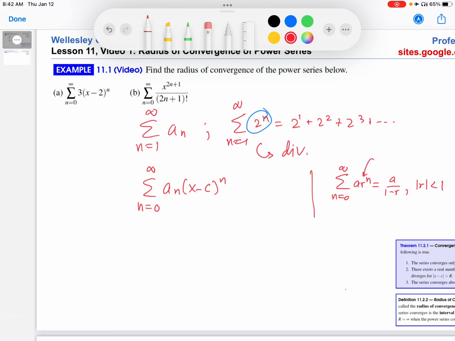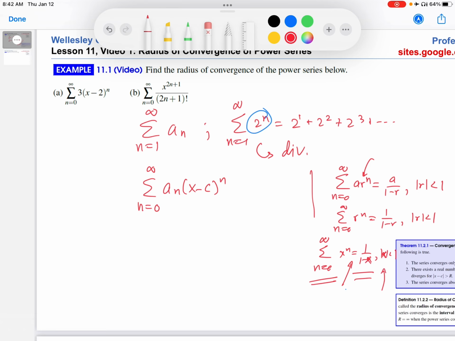And then we just set a equal to 1, and we literally switched the letters, replacing r by x. And we got this really interesting result that says the function 1 over 1 minus x is equal to the sum of x to the n, so long as the absolute value of x is less than 1.